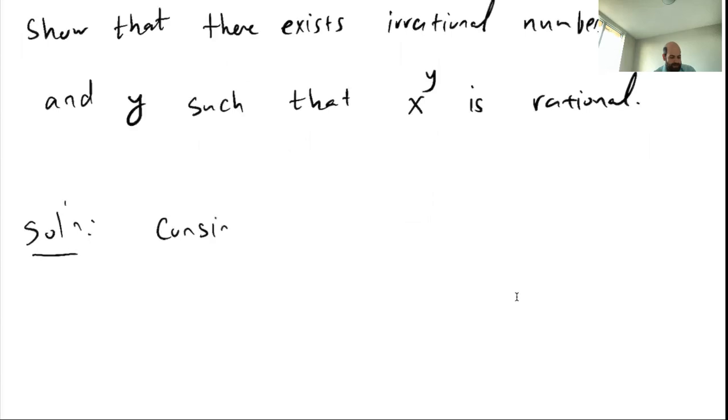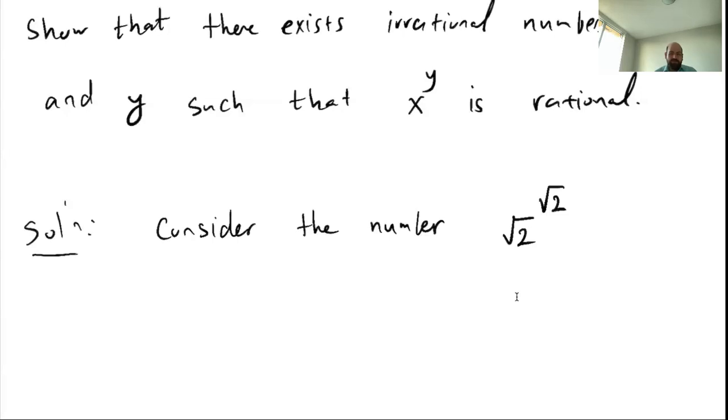Consider the number root 2 to the power root 2. It's one irrational number raised to another irrational number. Both irrational numbers, of course, are the same, but an irrational number raised to an irrational number. Now this number, root 2 to the power root 2, is it rational or is it irrational?